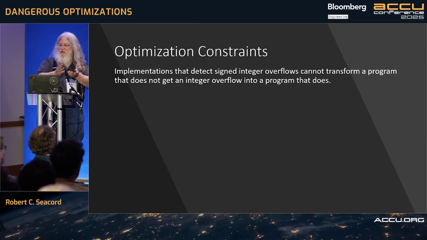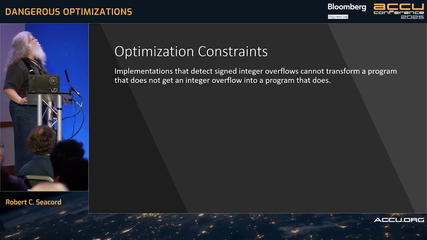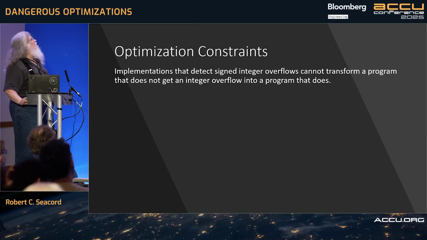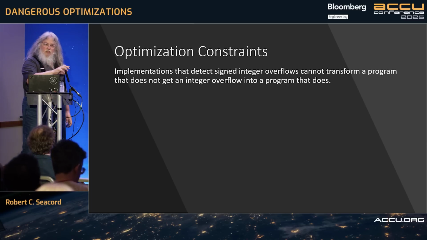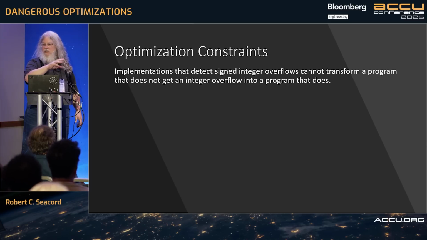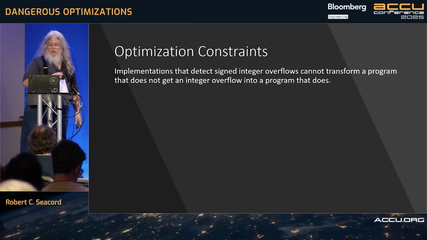But every once in a while, it tells you, no, this is absolutely a given. What this says is that implementations that detect signed integer overflow cannot transform a program that doesn't get an integer overflow into a program that does. This is a restriction on what sort of optimization can take place.